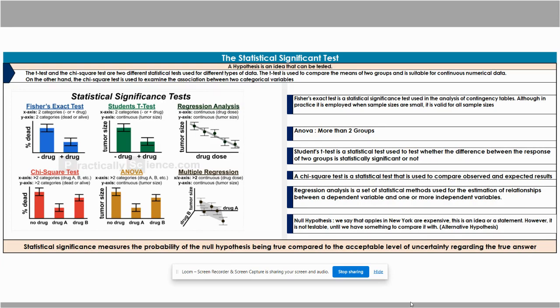Let's say the first test: let me go with the Fisher Exact test. Take two groups of people: one group was given a drug, and the other group was not given the drug.